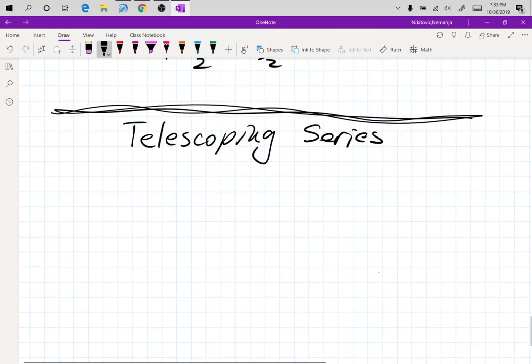Now, telescoping series do not have a theorem, they have a procedure.